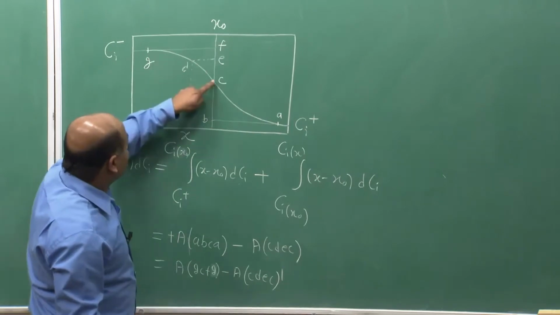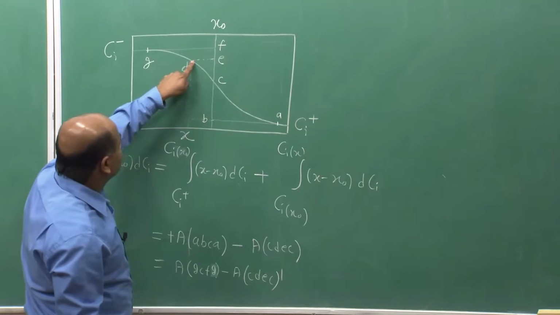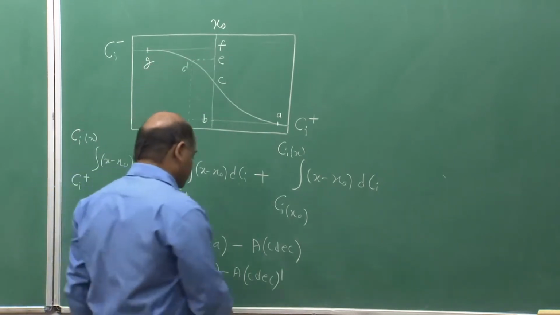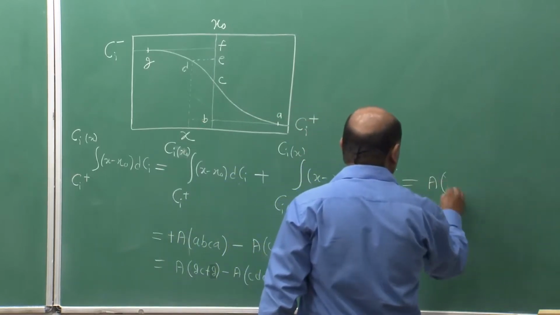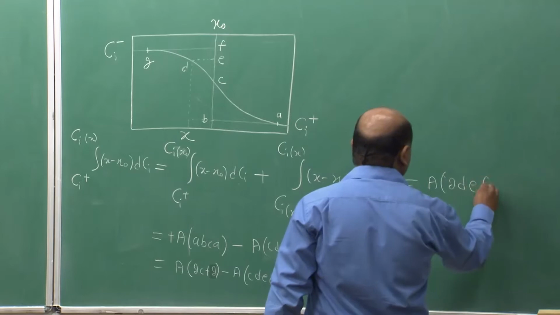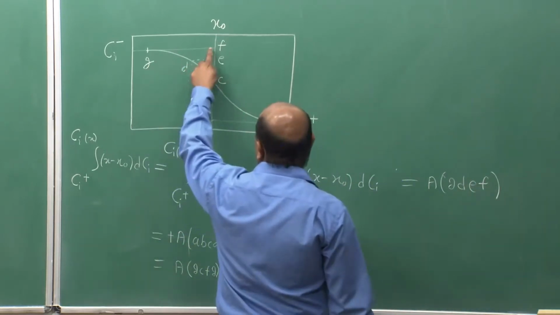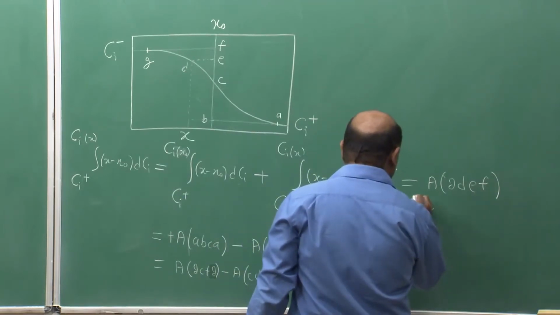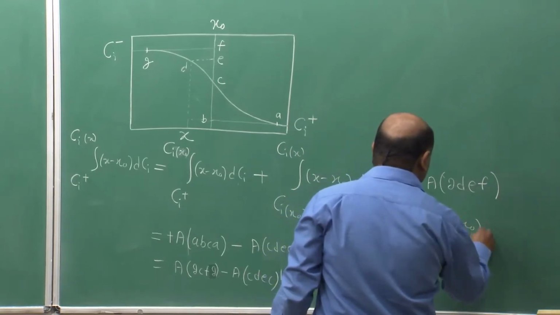So this area minus this area is nothing but area GDEF. And area GDEF is nothing but the integral from C_i minus to C_i at x of (x minus x naught) dC_i.